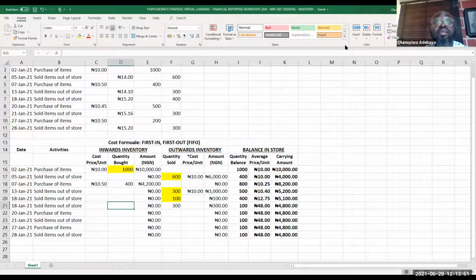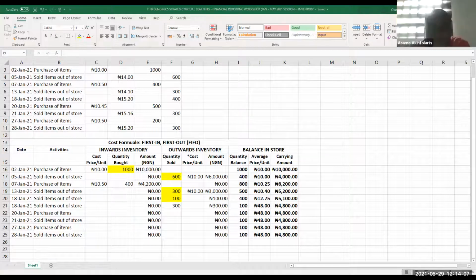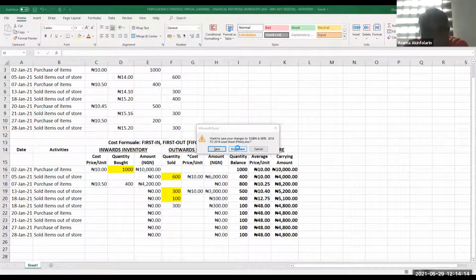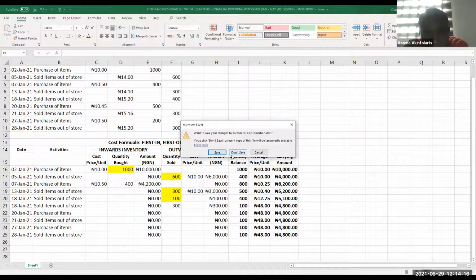Comrade, excuse me, can I quickly ask something? My thought is that for the principle of first in, first out, for example, where we bought 1,000 items at 10 naira, and we have an amount of 10,000 naira, at the time we are selling, we will be selling at 14 naira.